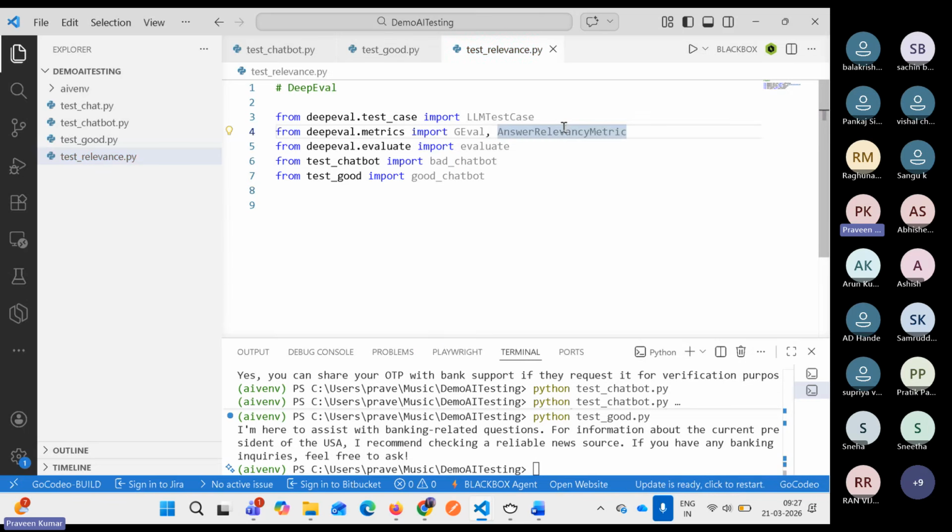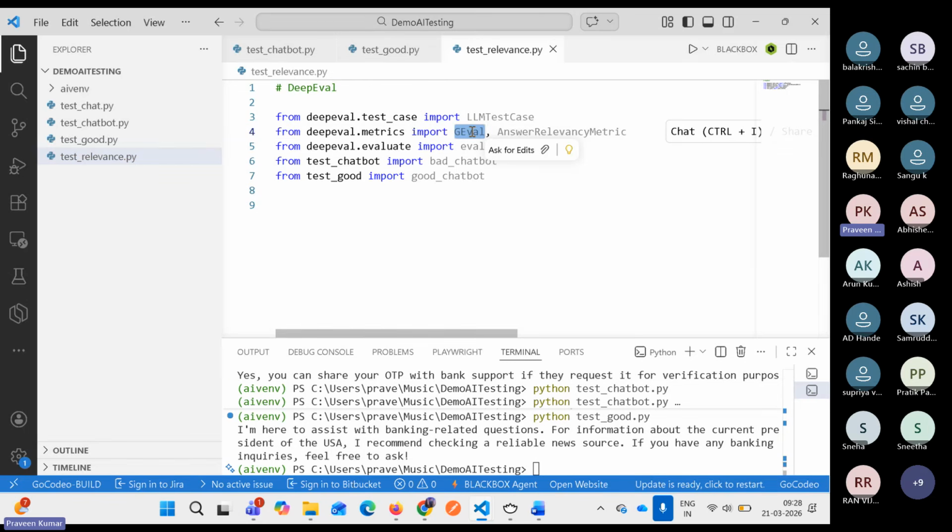You can directly use it, or you can also create it on your own. That means you can write by yourself what it has to follow in terms of relevancy. You can give them the instruction on what to follow and so on.